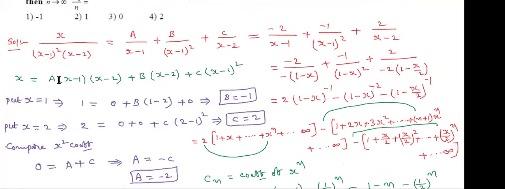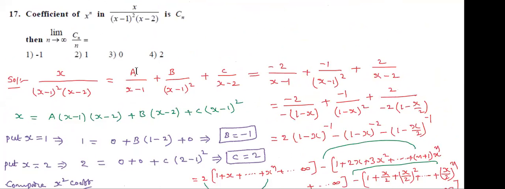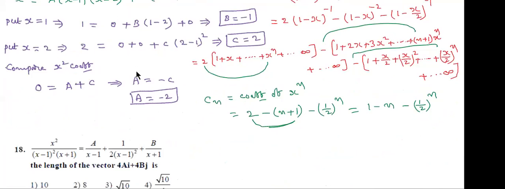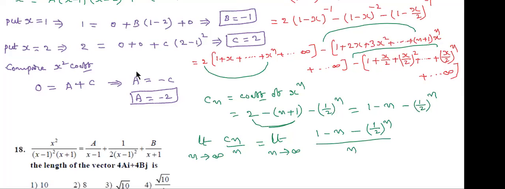But what we need to find, limit n tends to infinite Cn by n. That is limit n tends to infinite, Cn means 1 minus (n minus 1 by 2) whole power n, divided by n. Here this is a split.